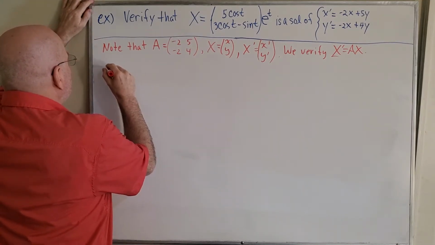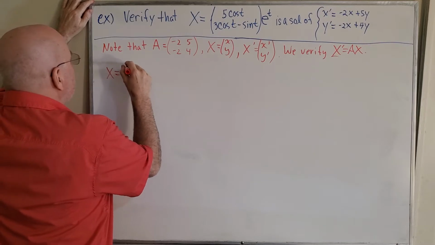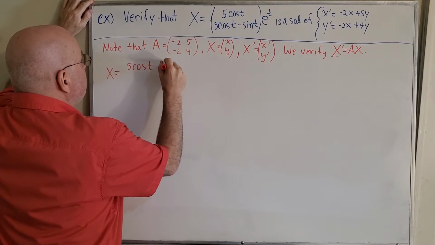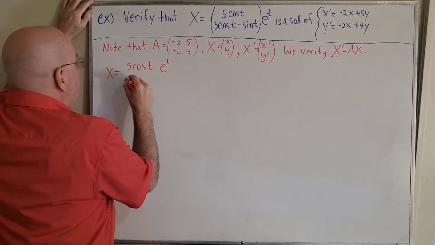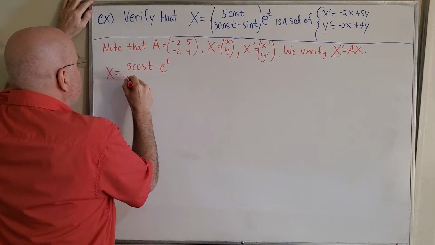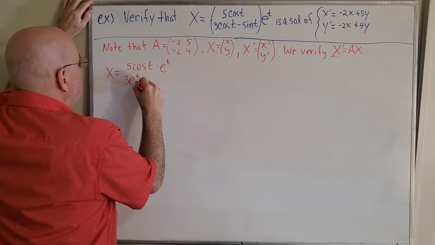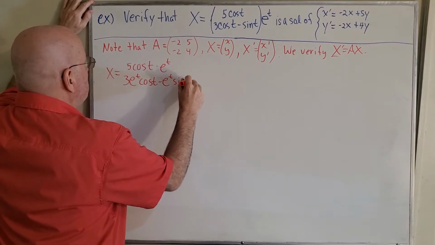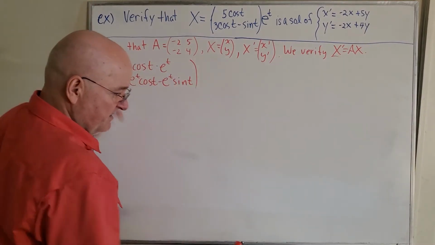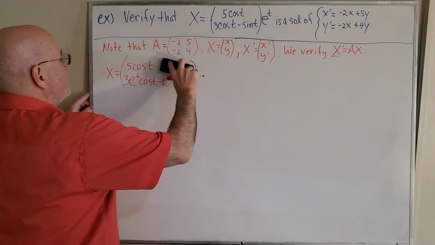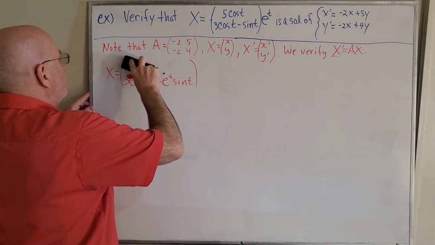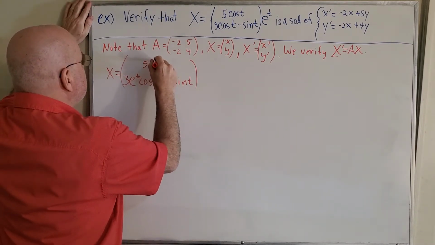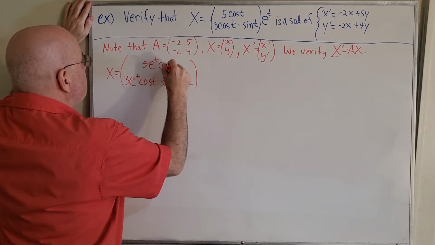So x equals 5 cos t times e to the t, and 3 e to the t cos t minus e to the t sin t. So all I've done is multiplied the e to the t out. Maybe I'll be consistent here and put the e to the t to the left of the trigonometric functions. 5e to the t cos t.